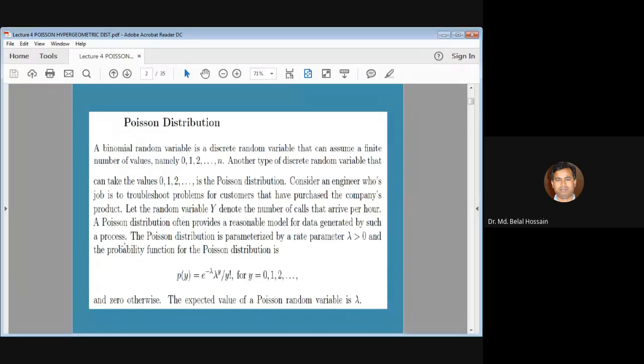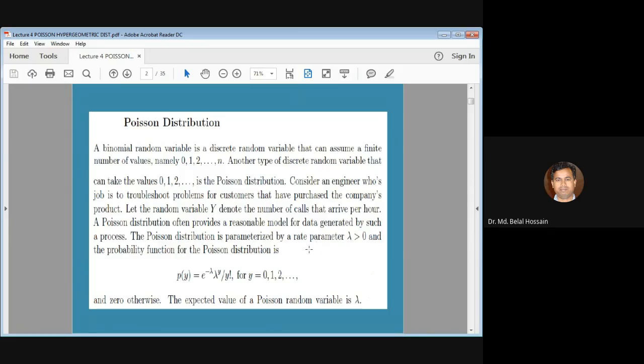So those sorts of events are Poisson random variables, and the Poisson distribution is parameterized by a rate parameter lambda greater than or equal to 0. This distribution has only one parameter, lambda. I told you before, a parameter is the unknown quantity of the population. This is the rate parameter.